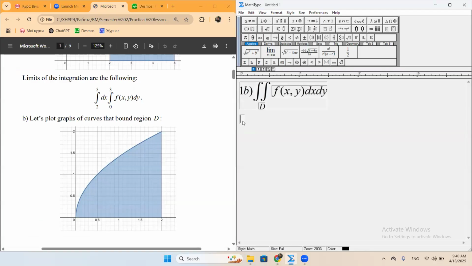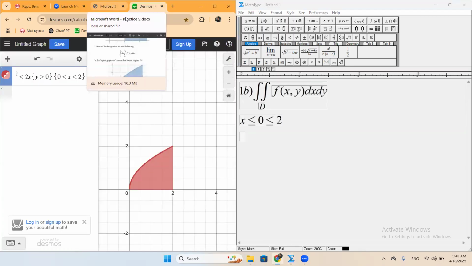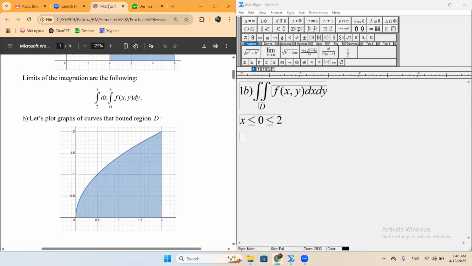How can we describe the region D? So x changes from 0 to 2, and y changes from... Let me check how better to describe it.